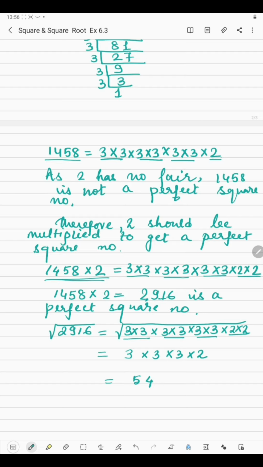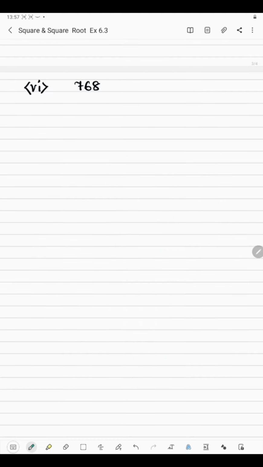Now coming to the last part. In the last part we have 768. Now if you find the factors of 768, since the last digit is an even number, it will be divisible by 2. 2 3s are 6, 2 8s are 16, 2 4s are 8.